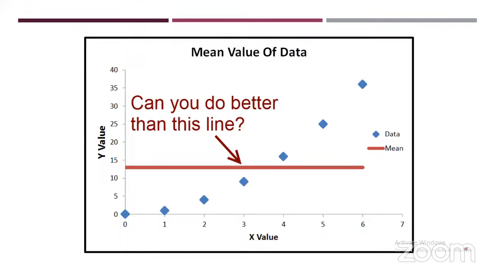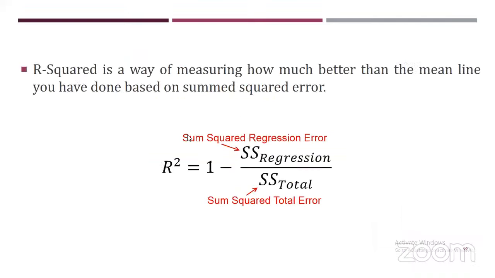So this R square is going to quantify: is there any other way, other than the mean, with which I can represent my data very well? Is there any other way better than this mean line? So for that we are going to use this R square.